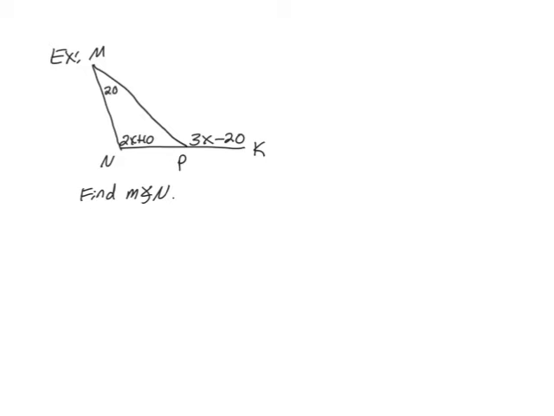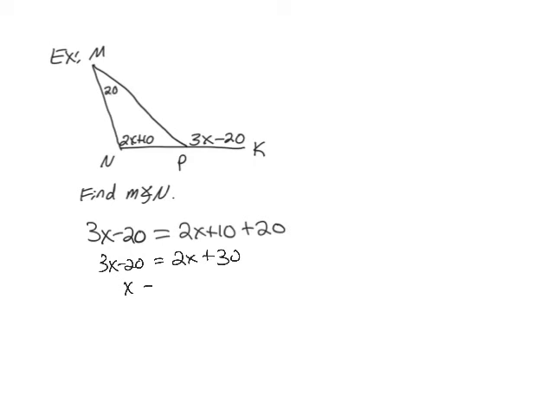Well, using the exterior angle theorem, I know that 3x minus 20 is equal to 2x plus 10 plus another 20. The exterior angle is equal to the sum of the two remote interior angles. Okay, so if I simplify, I have 3x minus 20 is equal to 2x plus 30.